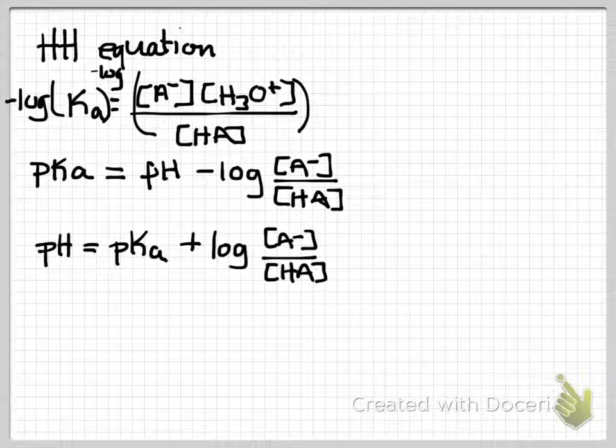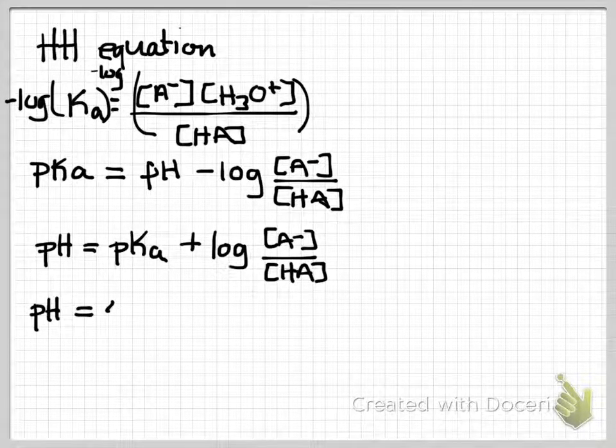And when we're doing this again, we're going to assume small x. And so we can simply put in our initial concentrations of our materials, so we can solve for this particular pH.